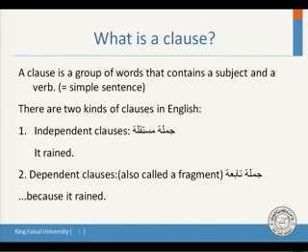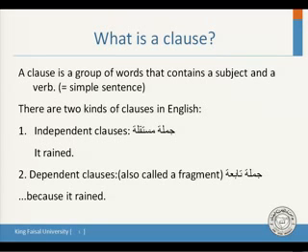The second type of clauses is the dependent clauses. A dependent clause is like a child or a baby. It needs someone else to take care of it, to support it. We also call it a fragment. A fragment is a piece of something. It needs something else. Because it rained is not a sentence.